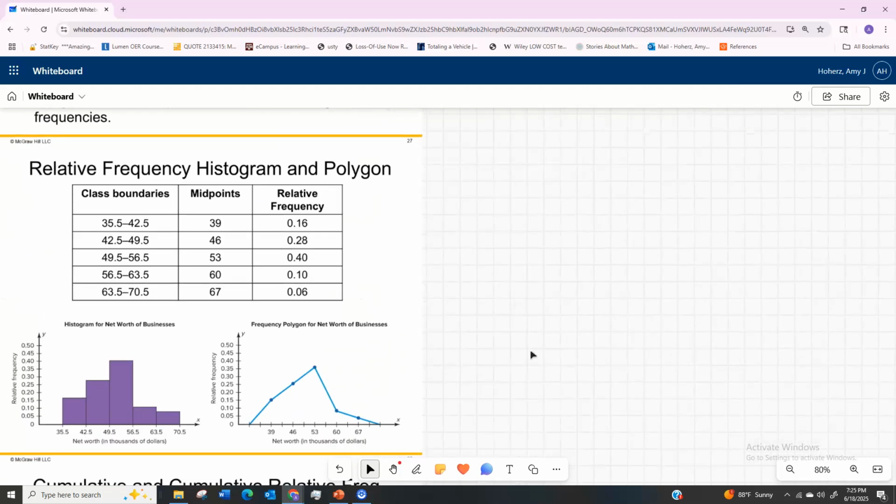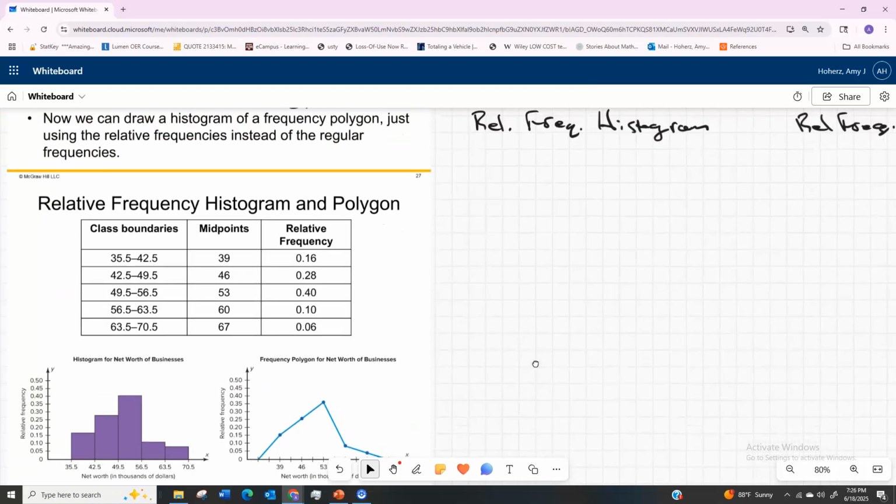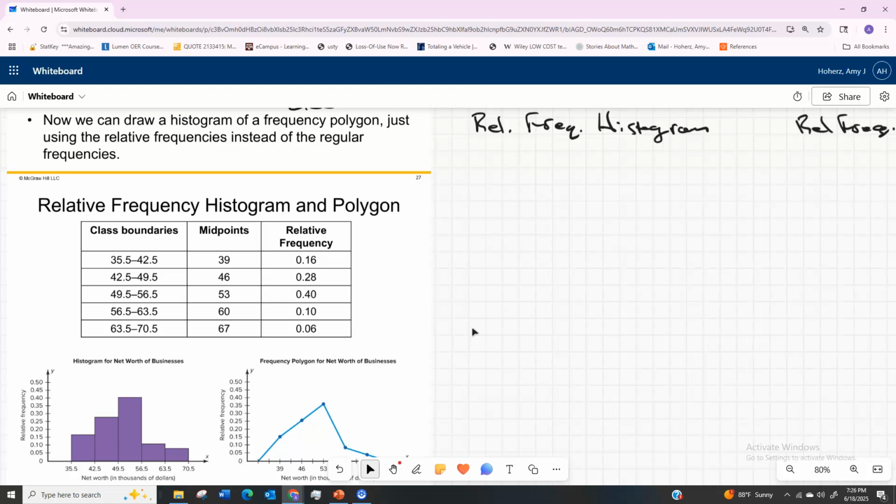Now they decided to use the method where they put the cumulative frequencies here first. But again, you could take the relative frequencies and do that. I'm going to do that method here so you can see it.